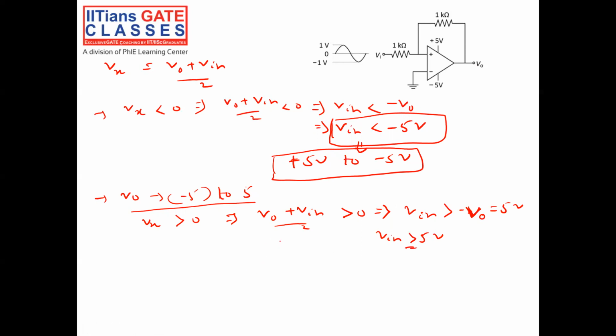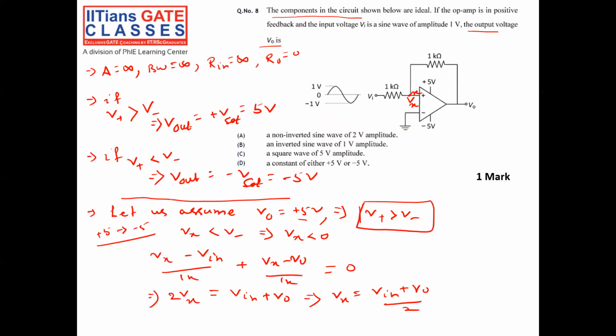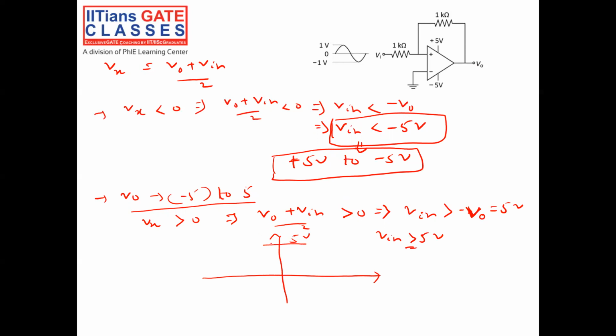Okay. So let me draw here. Suppose my output is +5 volt, the first condition. Then it will go to -5 volt when my V in, this is my V0, this is my V in, is less than -5 volt.